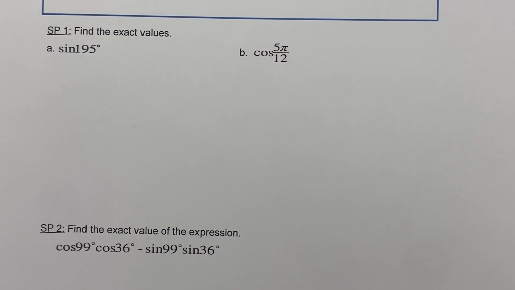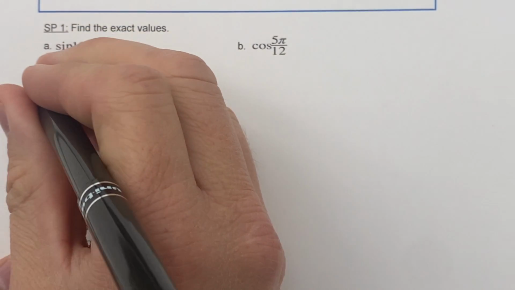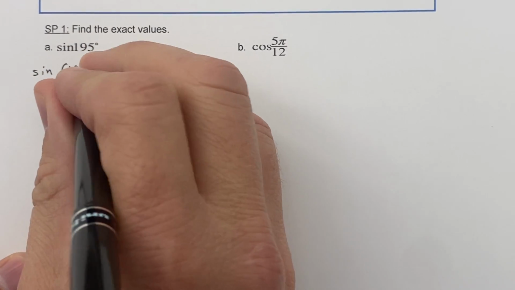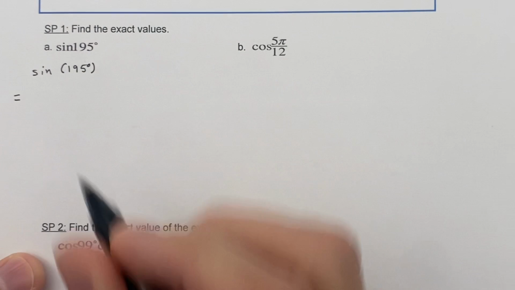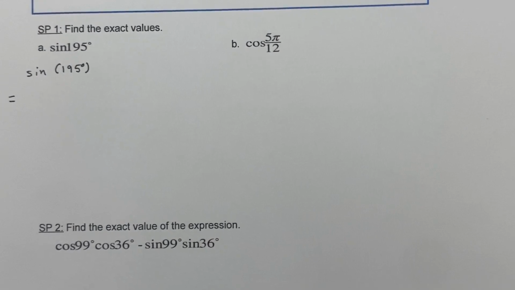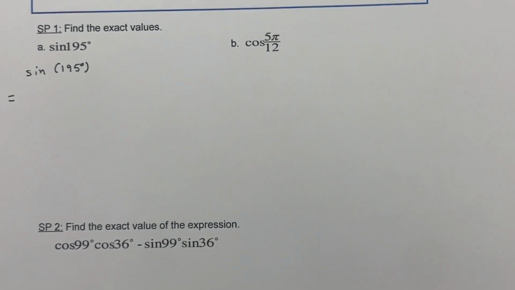So sine of 195. What we want to do is find two angle measures, or this is our hope, that we can find two angle measures that when added together will get us 195 degrees. So creative thinking, thoughts, any measures come to mind? 150 and 45.